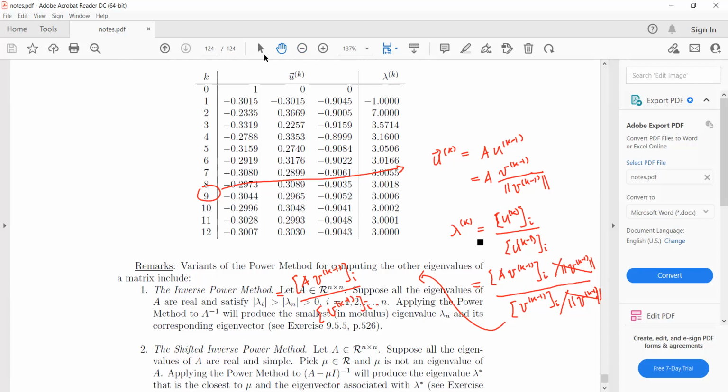I correct my mistake. Now, let's go to today's topic. Today I want to present two topics. The first one is from section 4.3. It is about the QR factorization.